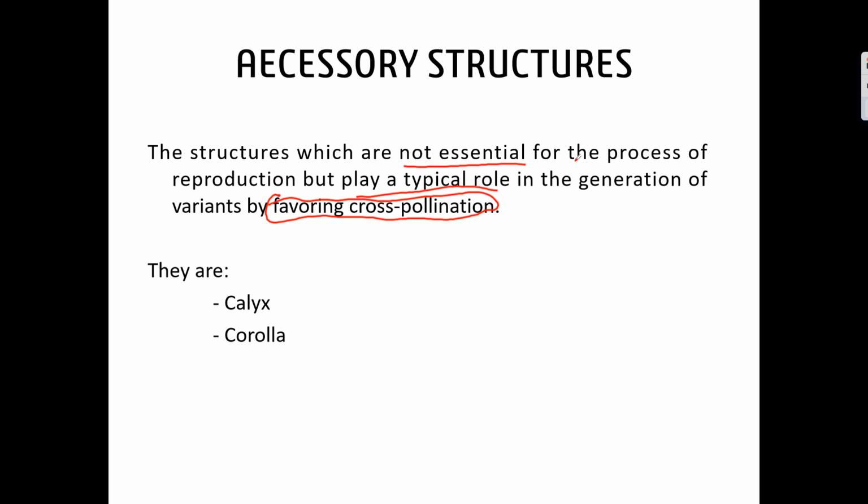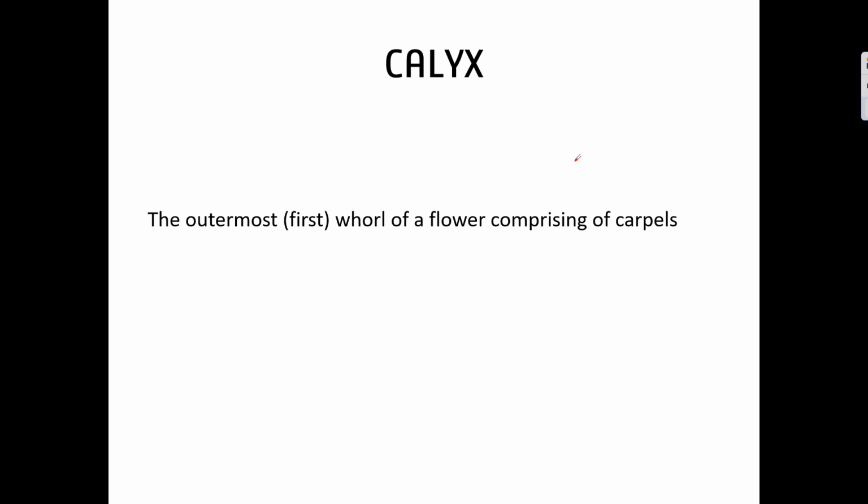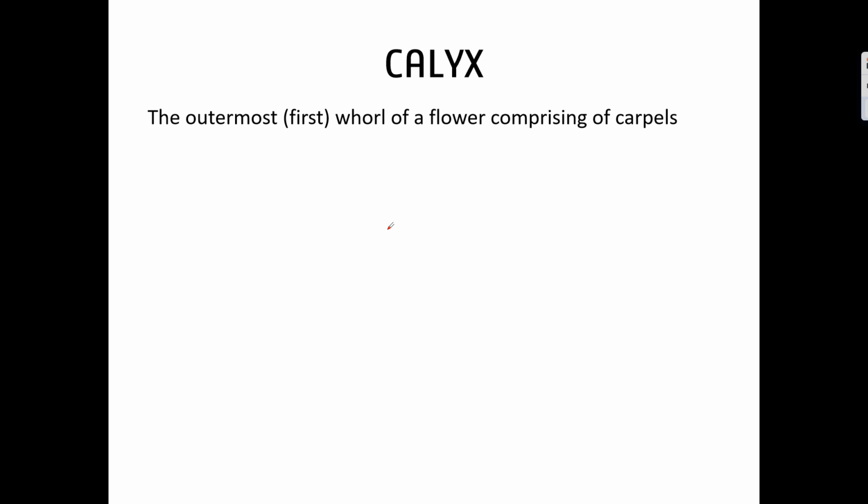Then why is the calyx important? The calyx is the first whorl of a flower. Usually the carpel is attached to it. If you see the diagram, it is the green colored structure, and the female reproductive structure is attached to it.